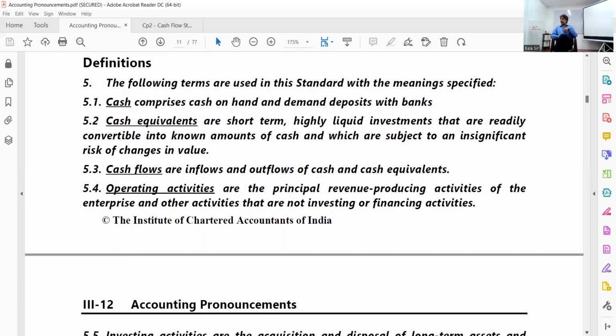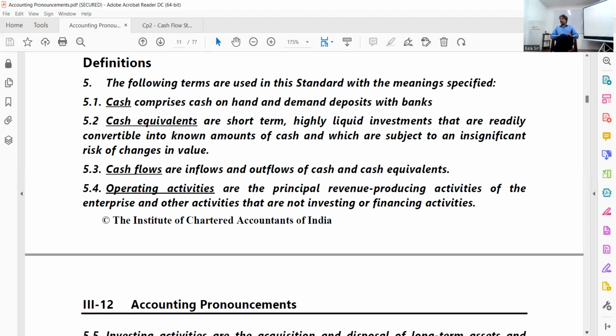Under that, I'll give some 5 examples: A, B, C, D, E. Please write A. Purchase of tangible and intangible long-lived assets.